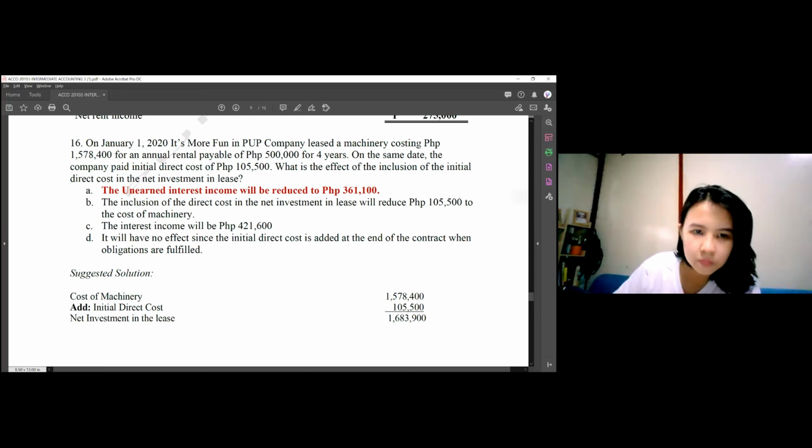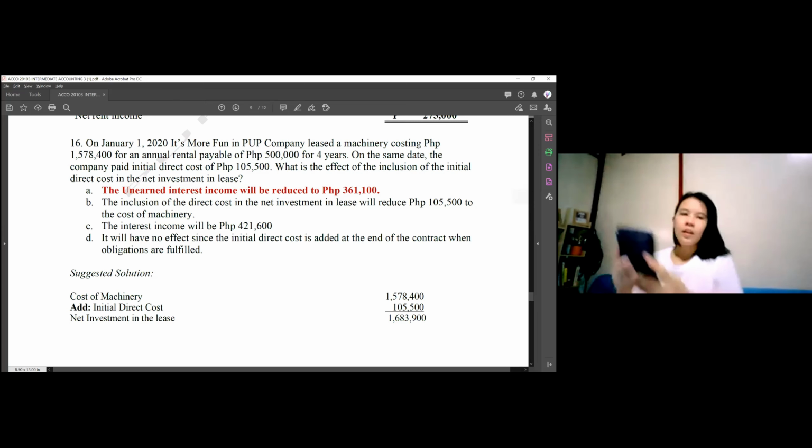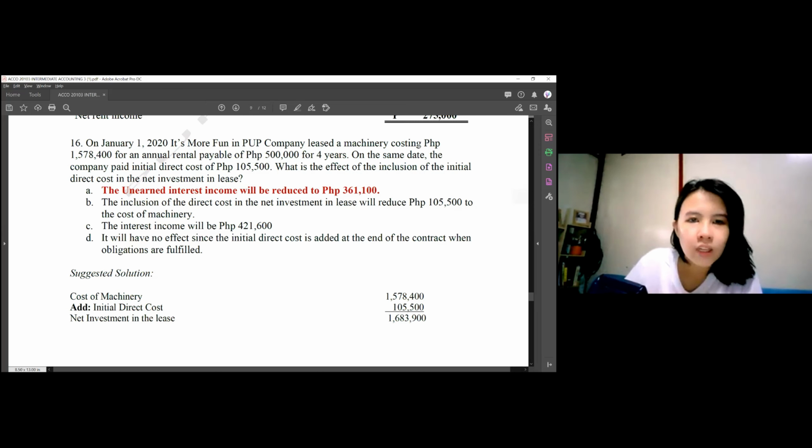So, safe to say that, 'di ba? Ang sabi dito, may gross rental na 500,000. Okay, annual rental payable for 4 years, that's 2 million. So, ibawas natin yung net investment ng lease. So, minus 1,683,900.